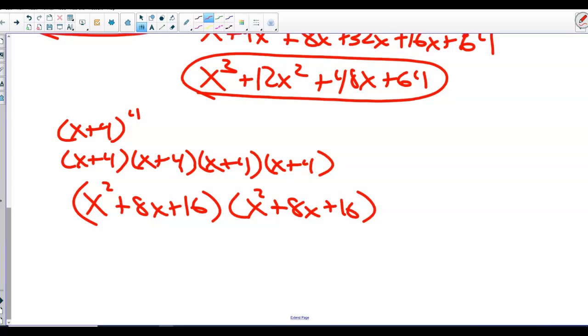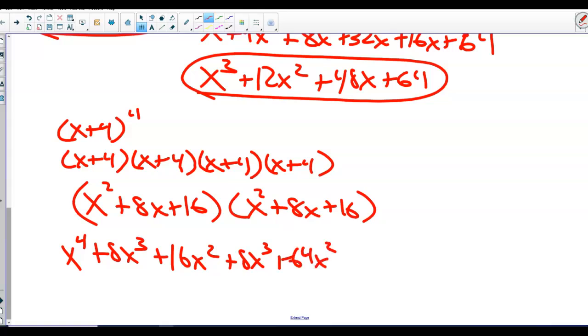And now I'm basically foiling but distributing through. x squared to all three terms: x to the 4th plus 8x cubed plus 16x squared. 8x to all three terms: 8x cubed plus 64x squared, 8 times 16 is 128x. And then finally, 16 to all three terms: 16x squared, 16 times 8 is 128x, and 16 times 16 is 256.